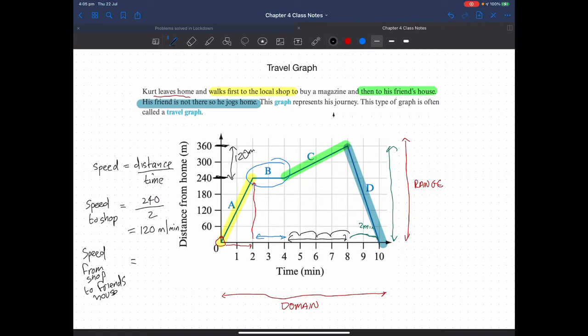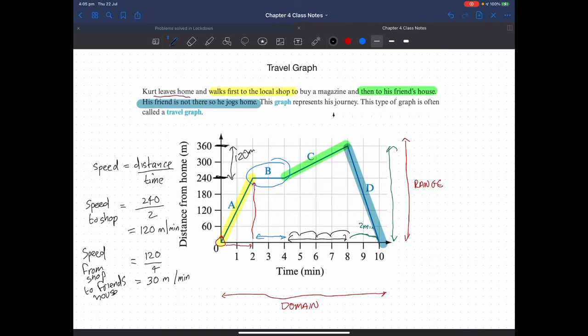He travelled to the shop, which was 360 metres from home, which is a further 120 metres. He did that in 4 minutes. So 120 divided by 4 is 30. So he was travelling at 30 metres per minute. Going to the shop, he was travelling faster than he was travelling to his friends.